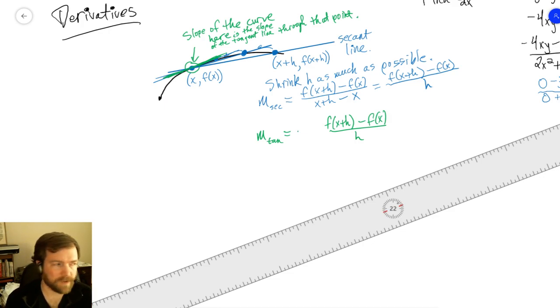So how do we do that? Well, this is from section 1, right? We're going to take the limit as h approaches 0 of this thing. So we want to take the slope of the tangent by taking the limit as h approaches 0 of the slope formula in function notation.